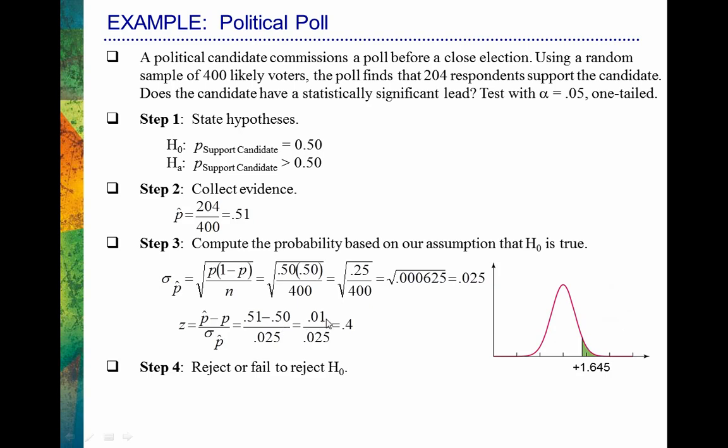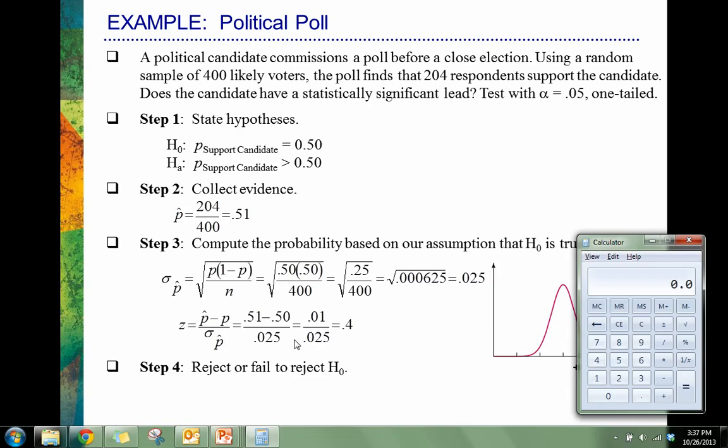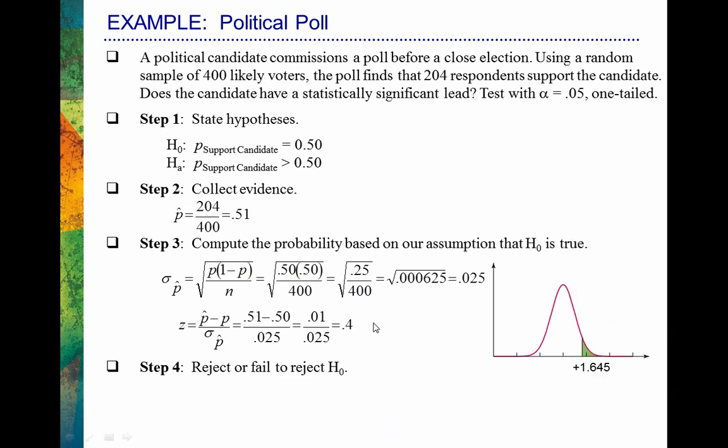So we see a difference of 0.01, about 1%. So we look at the differences that we actually observe, and we divide by the differences between those proportions that we expect just by chance. So let's verify that. We have 0.01 divided by 0.025, and that equals 0.4. So you know by now a z-score of 0.4 is not very large. Z-scores are starting to get large once they get to like 1.5, 2, and after that.